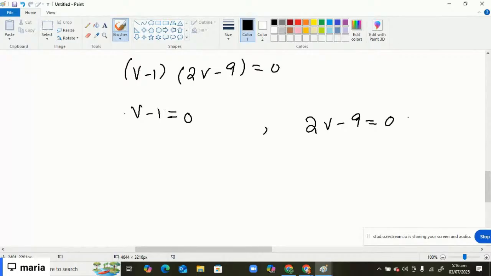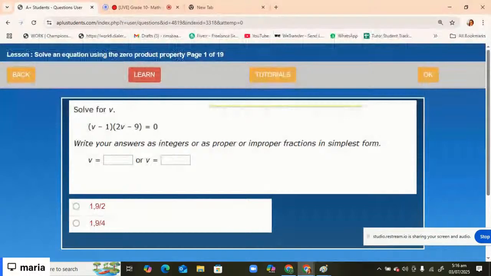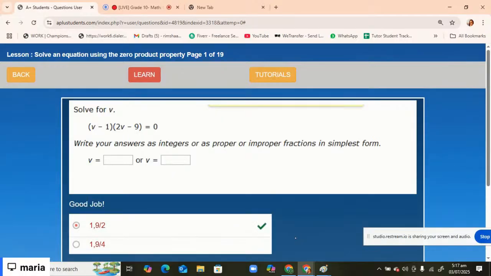Both of them can be equals to 0. Now from this, the v value is 1, but from this the v value is 9 by 2. 1 and 9 by 2. Let's go with this option, and this is the right answer.